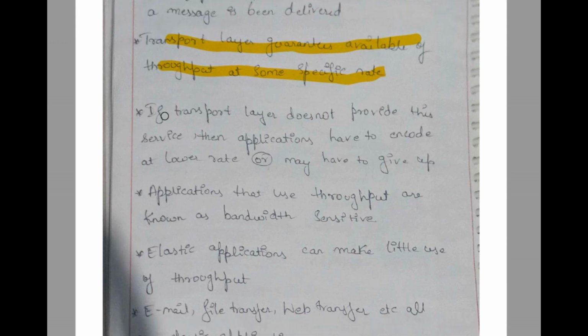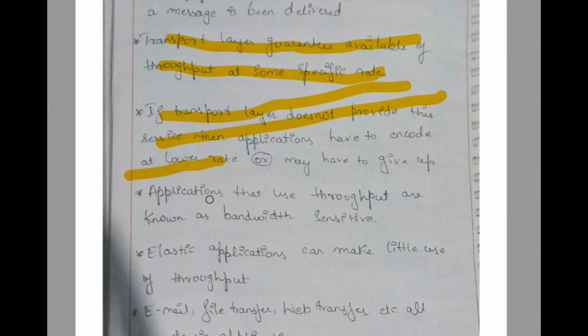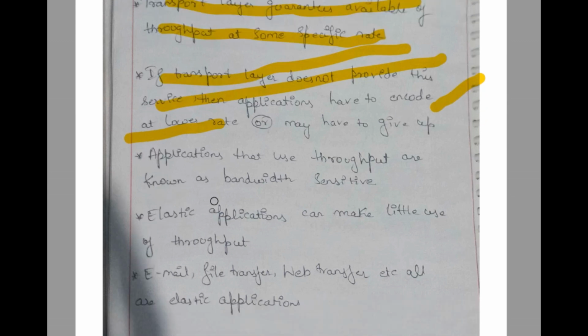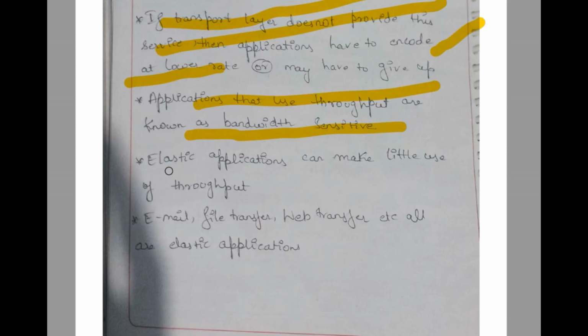If the transport layer does not provide this service, then the application has to encode at a lower rate. If throughput is not available, the data should be transferred at a slower rate. Applications that need throughput are known as bandwidth sensitive.